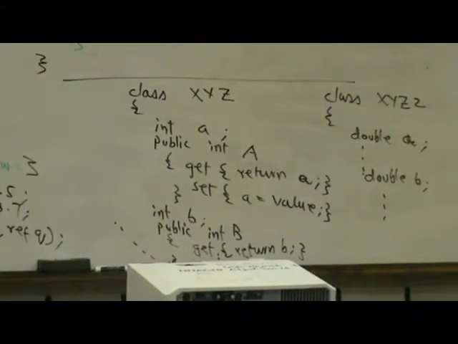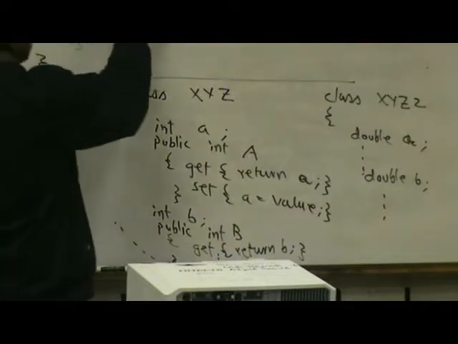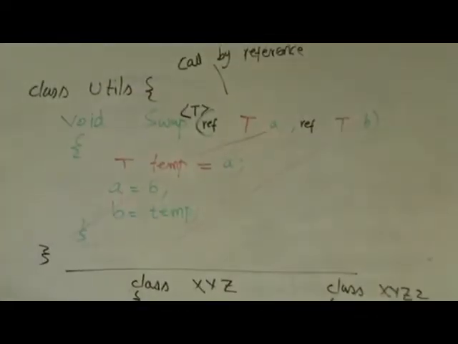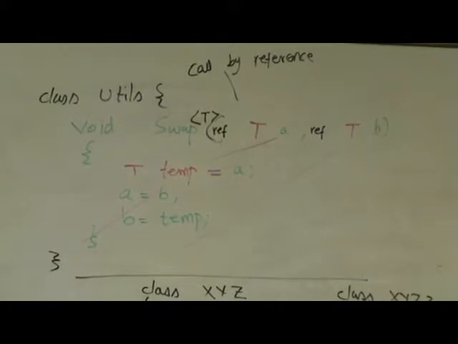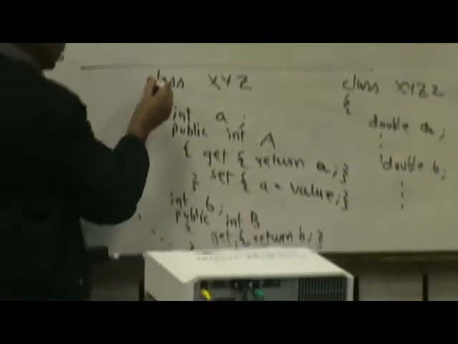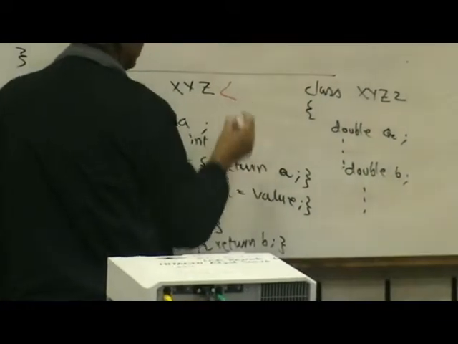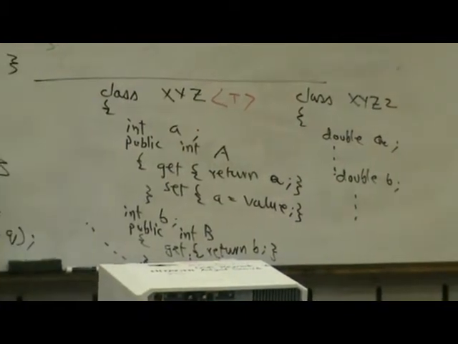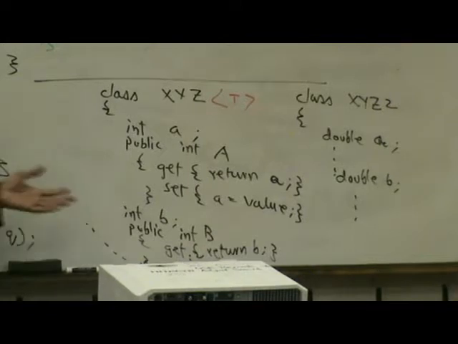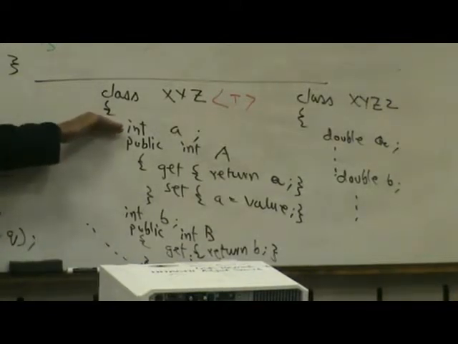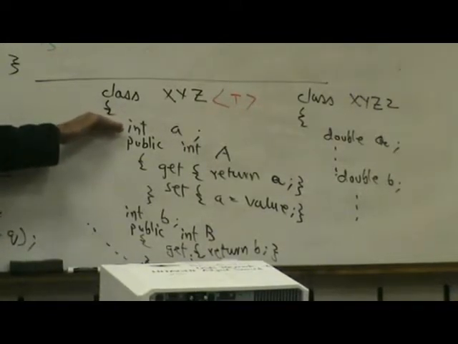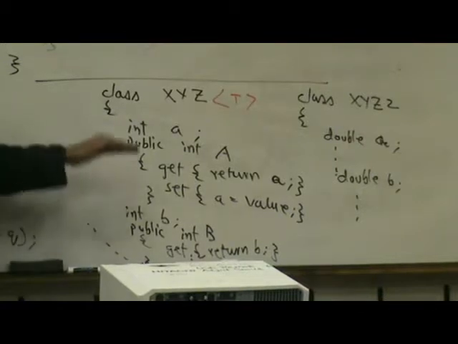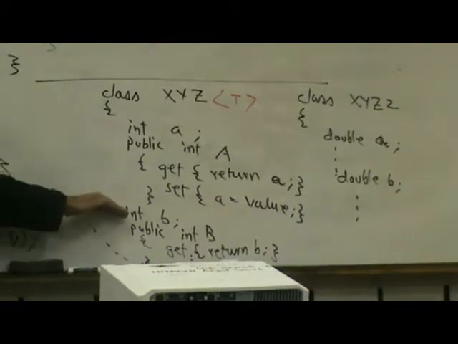Just like a generic method, after the name of the method, we indicate the flexible or generic data type. Very similarly over here, after the name of the class, we indicate the generic data type. Now, how many data types are there? What if we wanted the flexibility that this could be an int, a double, a string, or a byte?